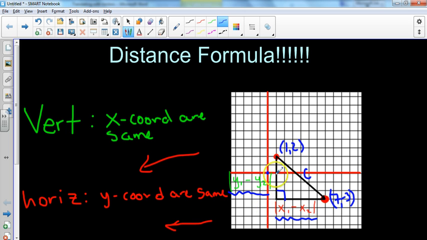Okay, so for the length of this vertical segment, all we have to do is subtract the y-coordinates. We probably should find out what this point is, because it is the end point of this vertical segment and also the end point of this horizontal segment.